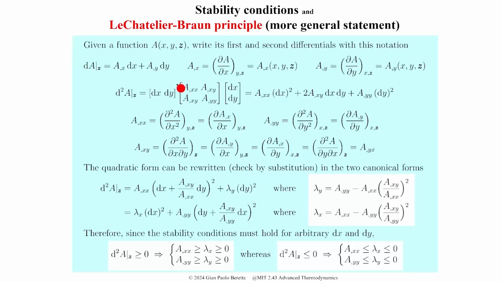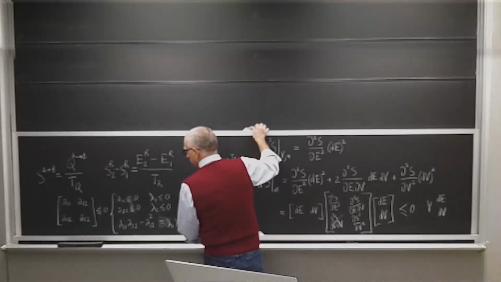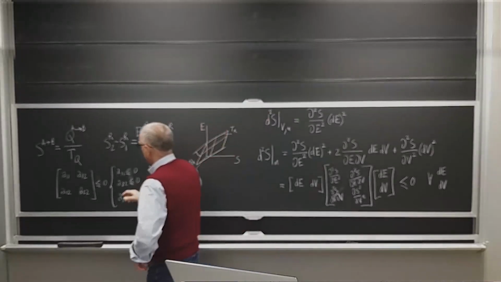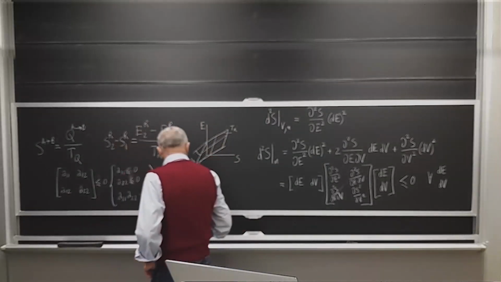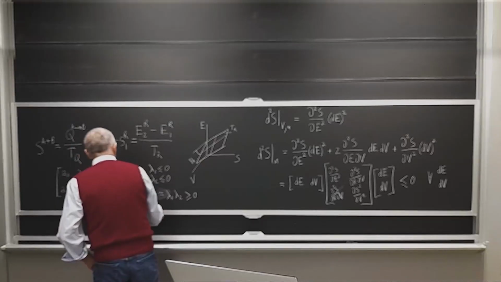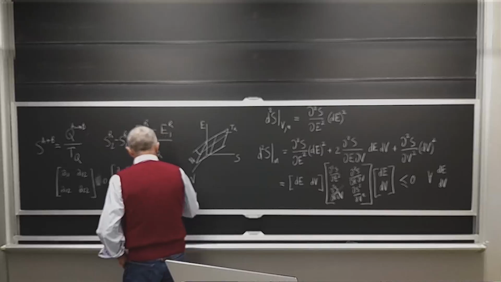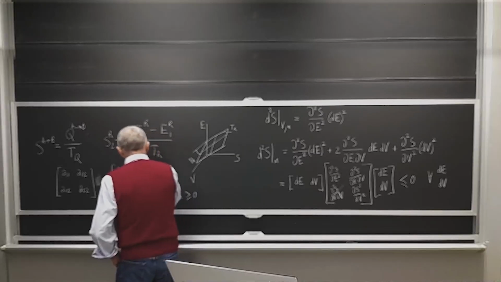Okay. And as we remember, positive definite for a matrix implies all these things are positive or non-negative.